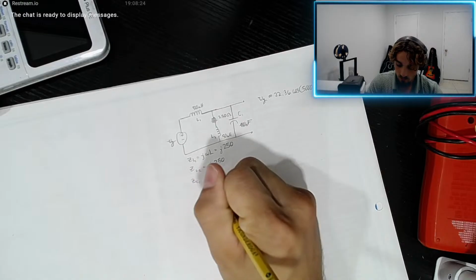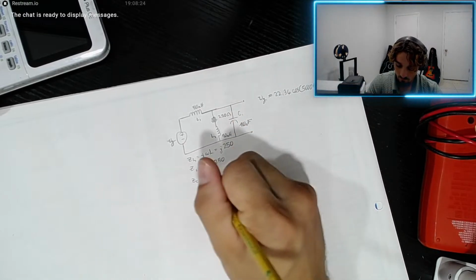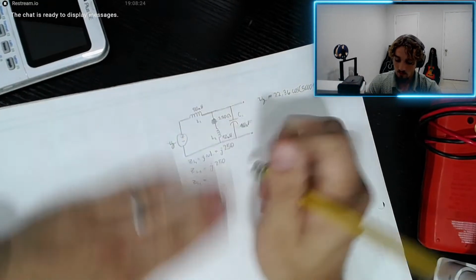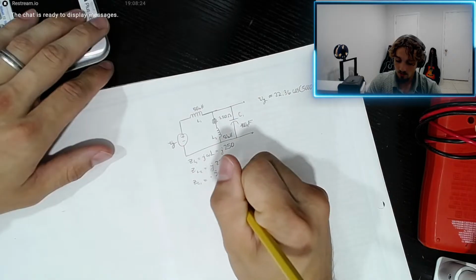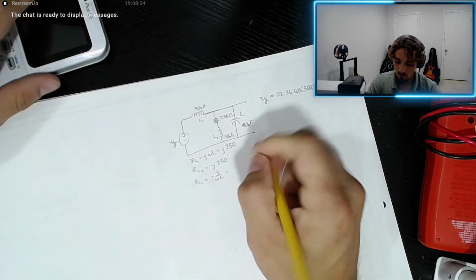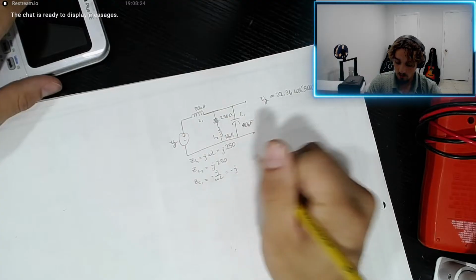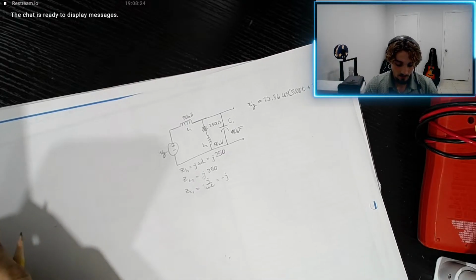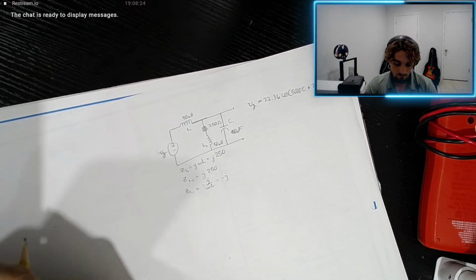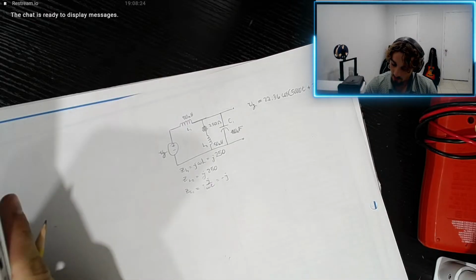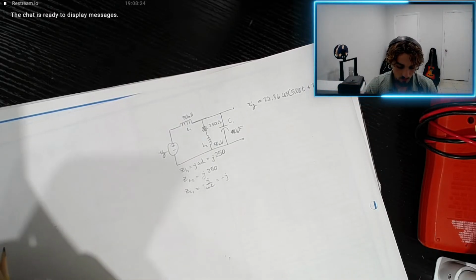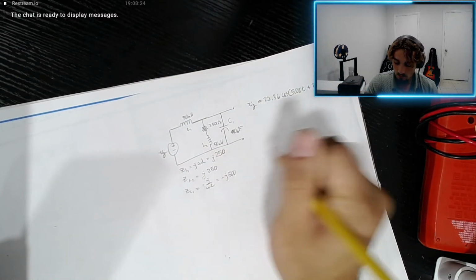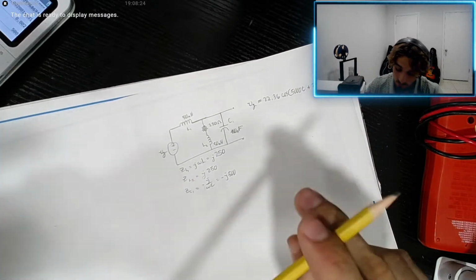And ZC1 equals negative j omega C, which is negative j over 400e to the negative 9 multiplied by 5,000, and then 1 divided by that, 500. Okay, so we have these.